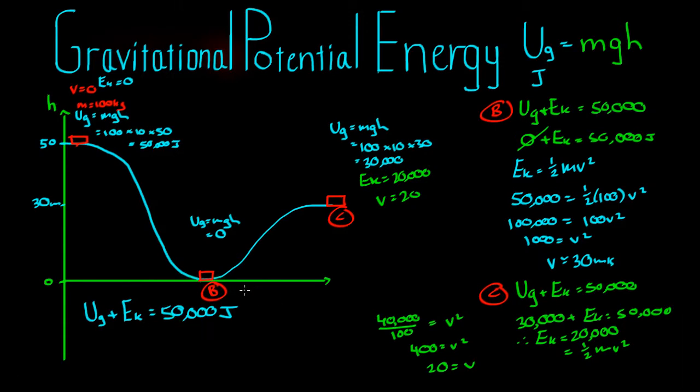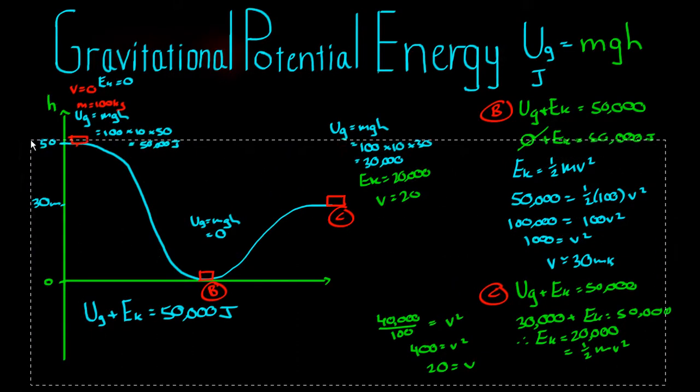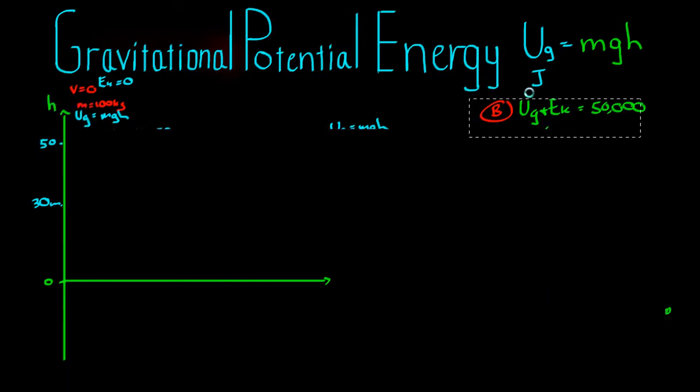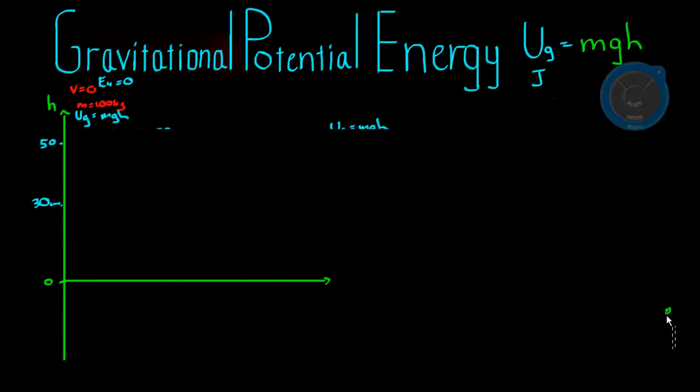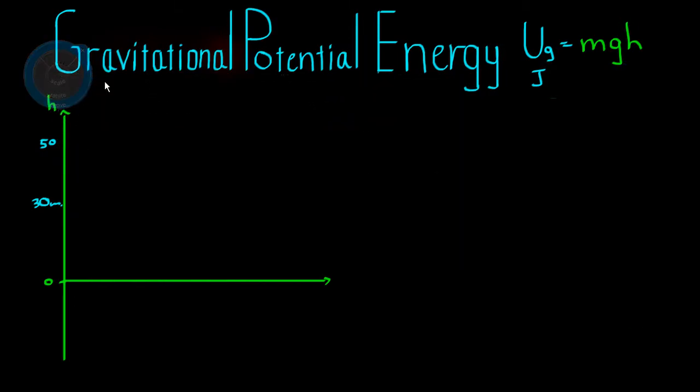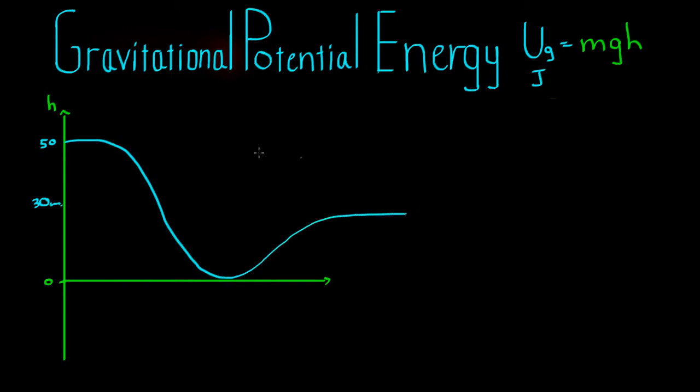This problem gets a little trickier when the car starts in motion. So let's look at the figures that occur if that happens. Okay, so I redraw the roller coaster. So height here is 50, height here is 0, height here is 30.